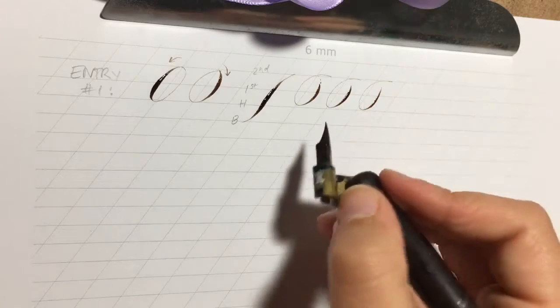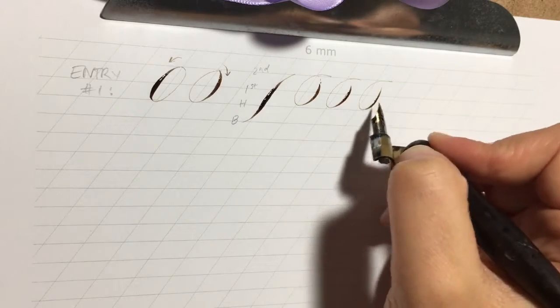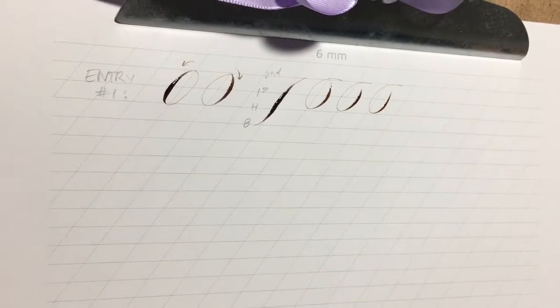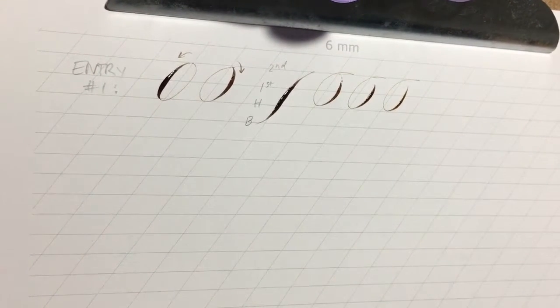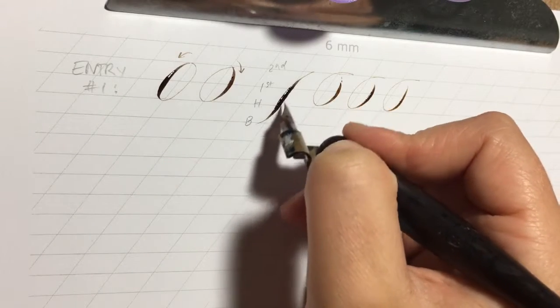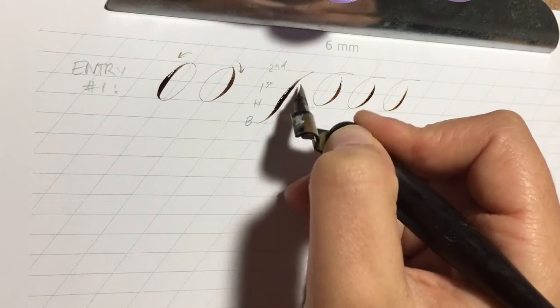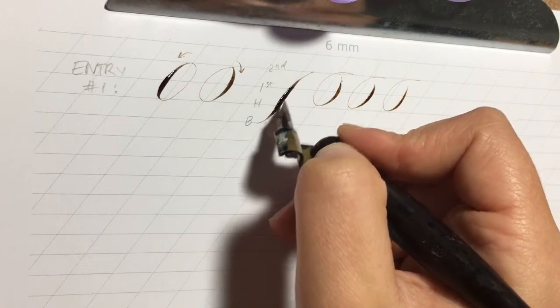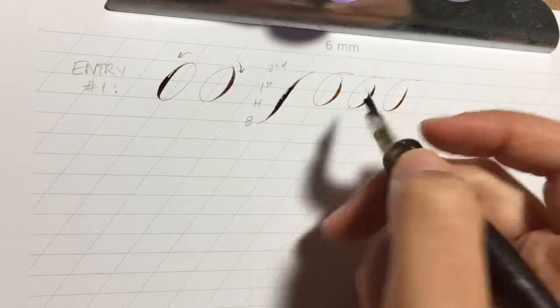Okay, I'm using a Hunt 101 nib, and so these hairlines are really fine. So if you're having a hard time seeing, I'm going to zoom in a little bit. Okay, and this shade, you see how the shade that I made for this universal line of beauty was pretty thick. It's the normal shade width that I would make using this nib.